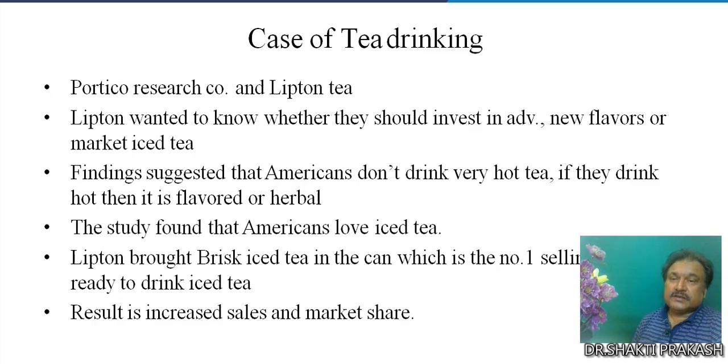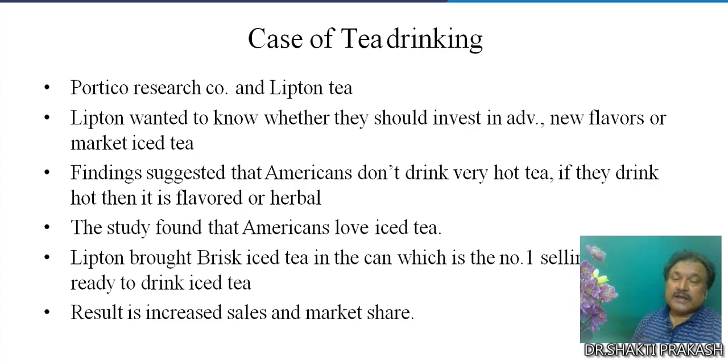Basically, in this case, the Qualitative Research Company and Lipton Tea made this research. Then they decided, because they had a number of options, whether to invest money in advertisement, new flavor development, or iced tea. But American people mostly like cold tea, then cold and flavored or herbal tea.